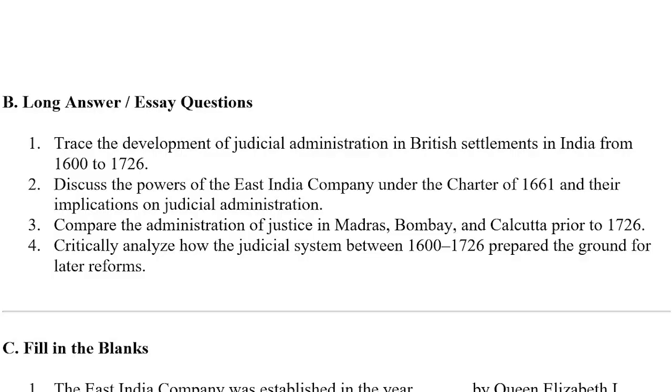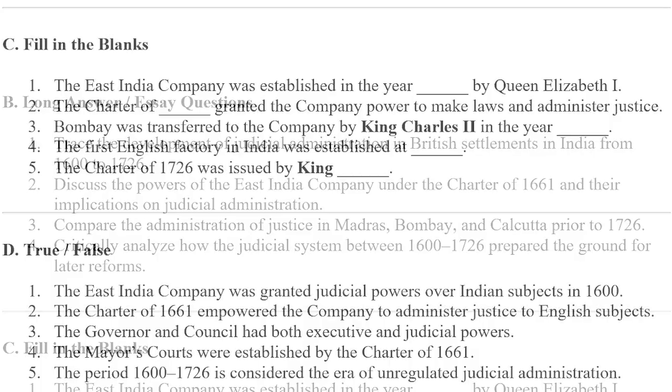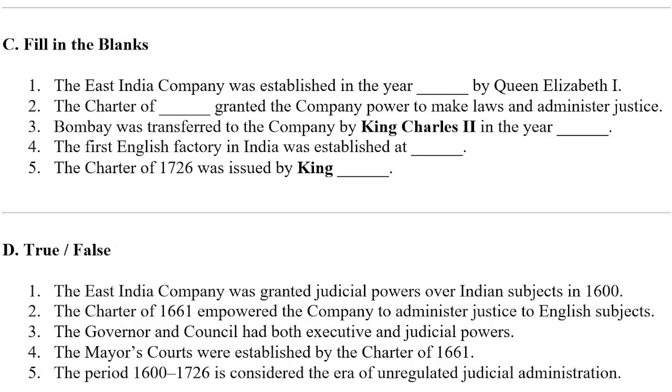Let us do the fill in the blanks. East India Company was established in the year 1600 by Queen Elizabeth I. The Charter of Dash granted the company power to make laws and administer justice. The Charter of 1661, was it? Charter of 1661 granted the company power to make laws and administer justice.